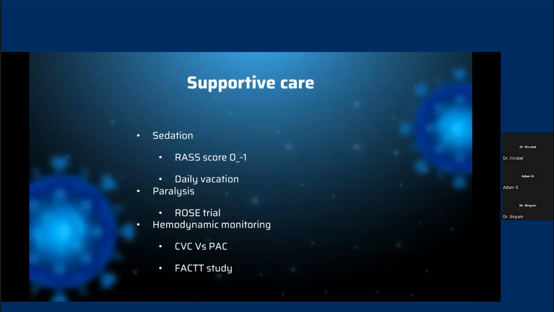They were compared in previous studies, and mortality-wise there's no significant difference between those two monitoring techniques, but complications are higher with pulmonary arterial catheterization. So you can just use the central venous catheter and follow the volume status of the patient.